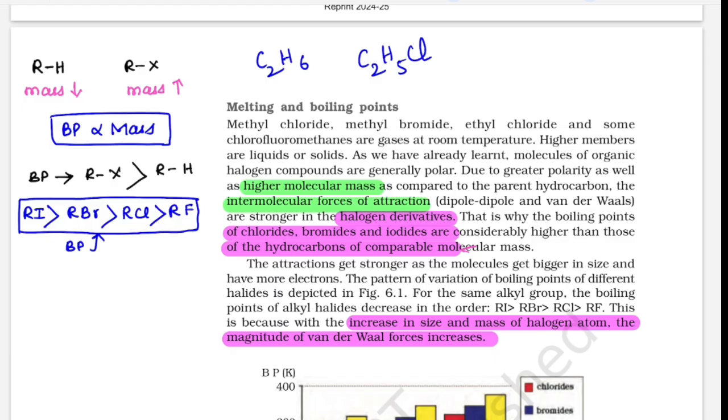One more reason is that because of charge difference, there is a greater force of attraction. So you can see here the reason is given. With increase in size and mass of the halogen atom, the magnitude of van der Waals forces also will increase because of the difference in their sizes. So the van der Waals force of attraction also will be more, because of which the boiling point will be in this order. So you can learn from here.